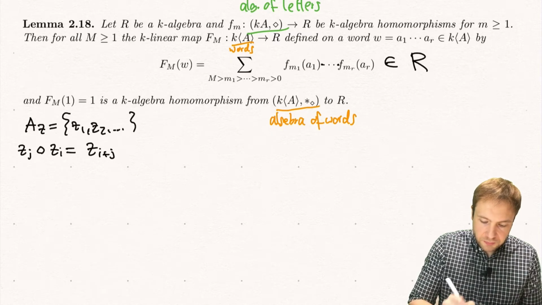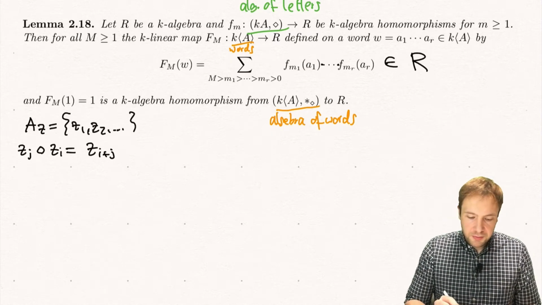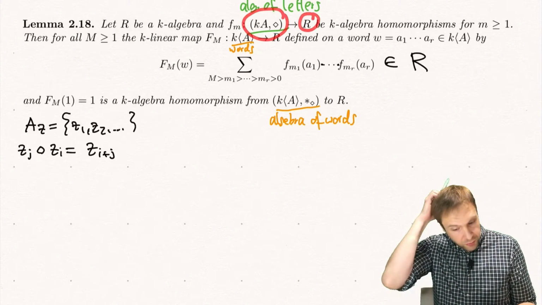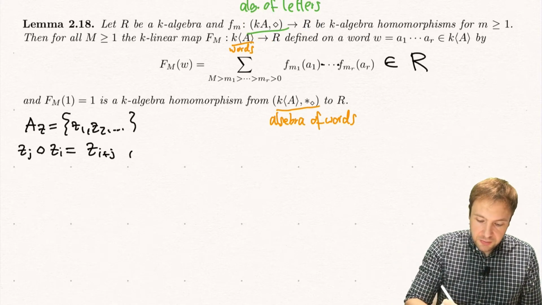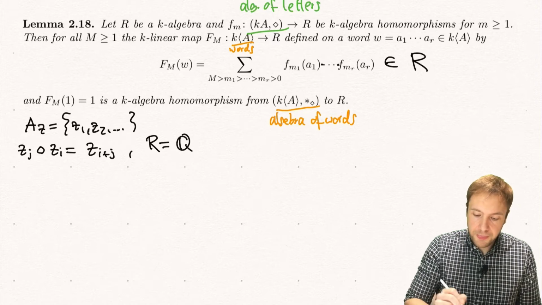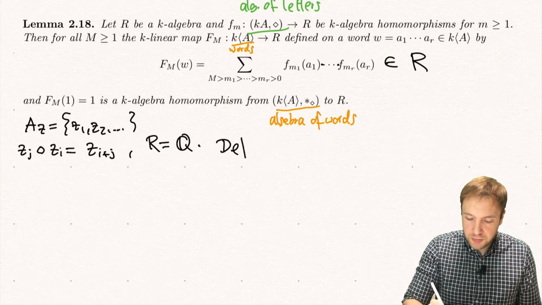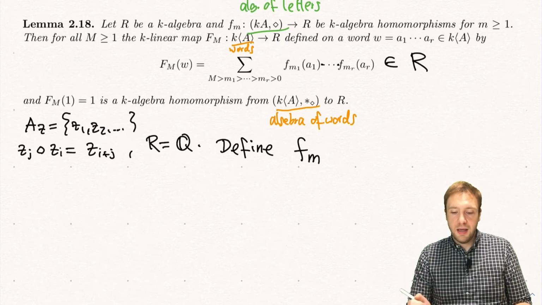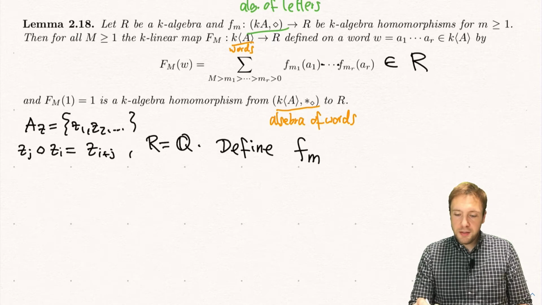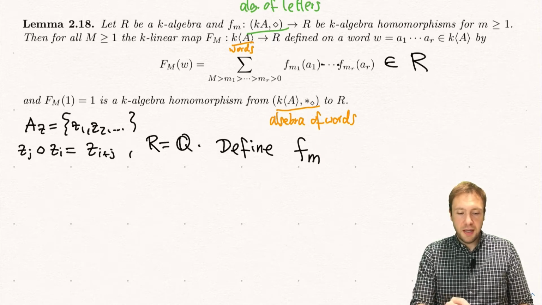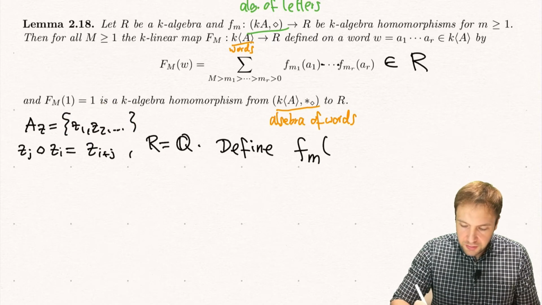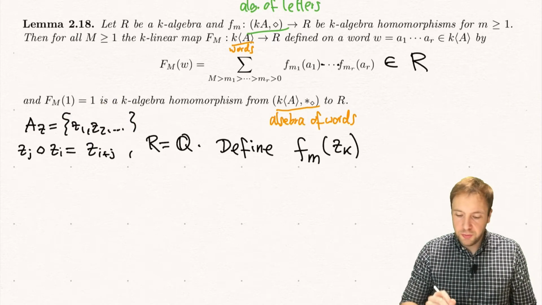So now let's define a family of algebra homomorphisms, f_m, from this space here to R, and R in our case, let's say it's Q. I want to define f_m, and the input of f_m should be a linear combination of these letters, but it's enough to say what I do with one letter.